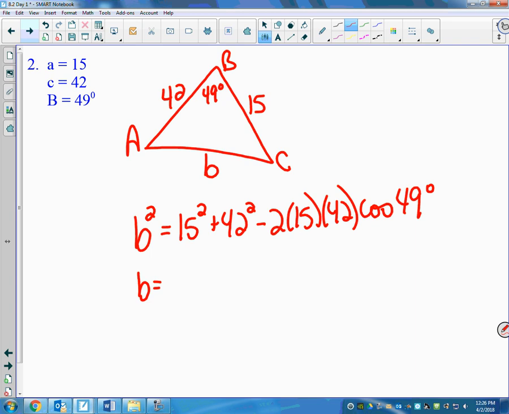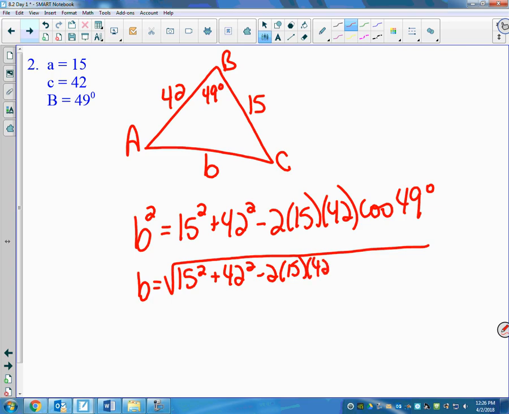Because to get rid of the square, we're just going to square root it. And so this is what I type on my calculator all at once, the square root of 15 squared plus 42 squared minus 2 times 15 times 42 times the cosine of 49. And that's going to give me what B equals.